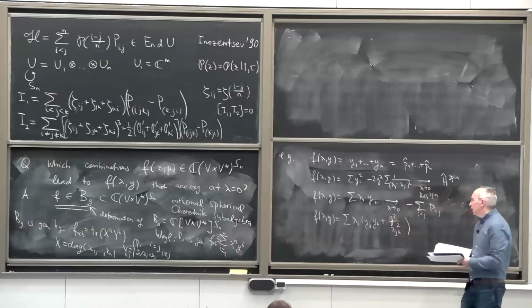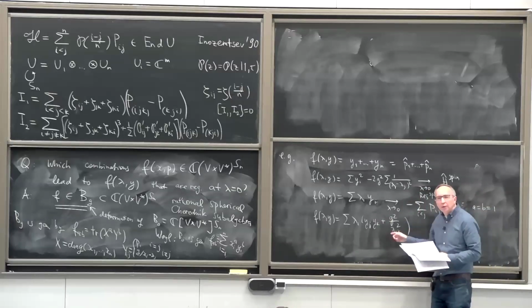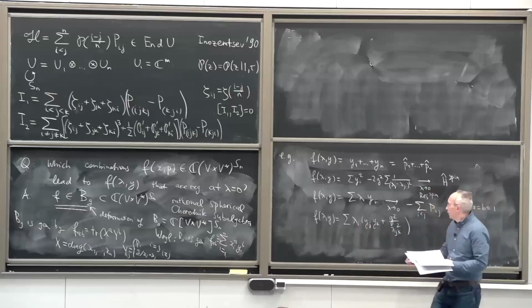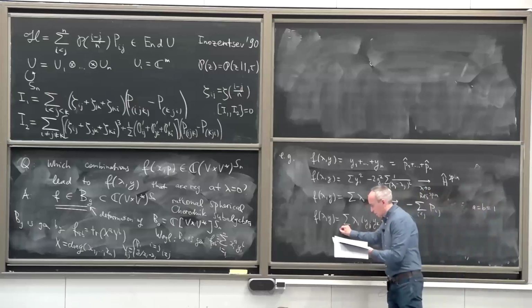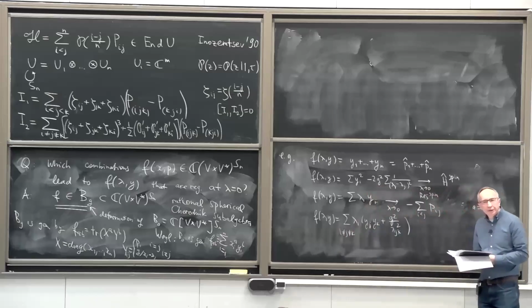So that's what you get. Roughly this is a quadratic combination, like a quadratic Hamiltonian, but then you put lambdas as well, and the sum is over i, j, k all different.